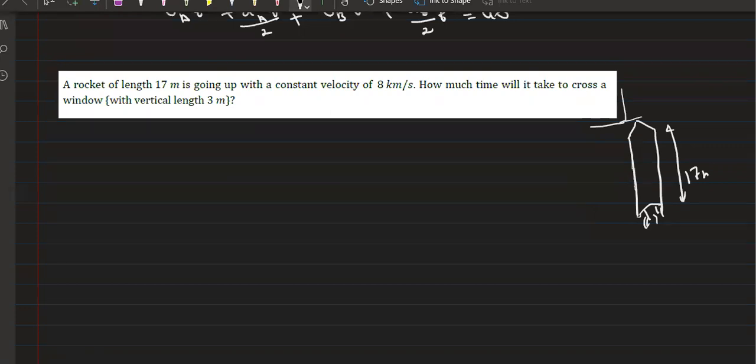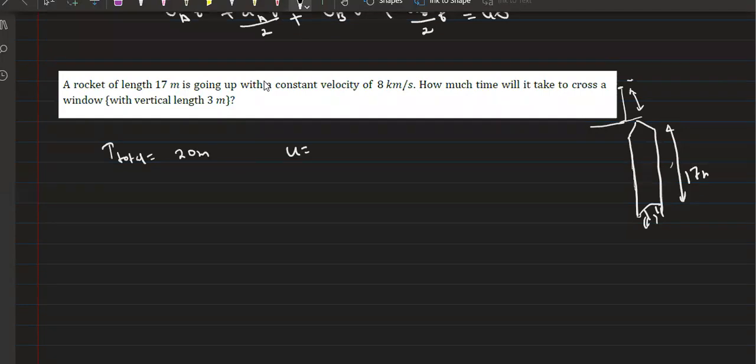And when it has crossed, the bottom part of the rocket will be at the top of the window. Yes or no? So the total distance should be 17 meter of the rocket plus 3 meter of the window. So total distance is equal to 20 meter.